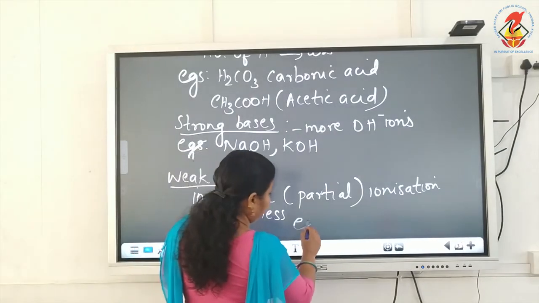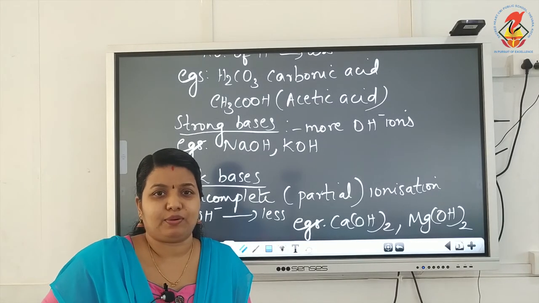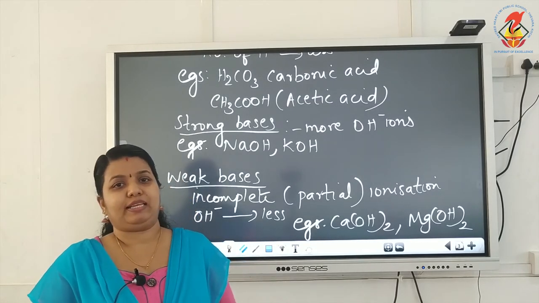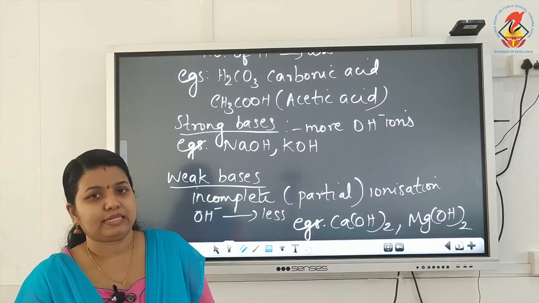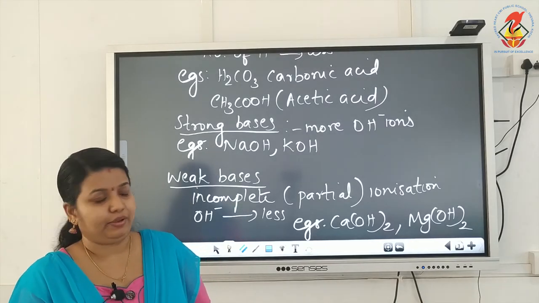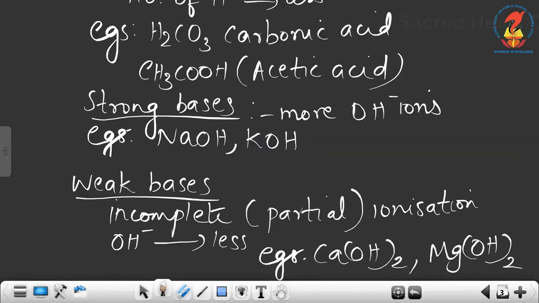The examples are calcium hydroxide, magnesium hydroxide. So weak bases are the bases which undergo incomplete or partial ionization in presence of water when dissolved in water, and they produce less number of hydroxide ions. Examples are calcium hydroxide and magnesium hydroxide.